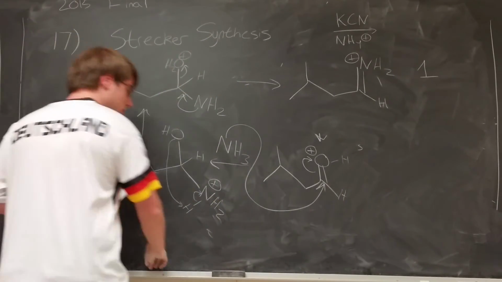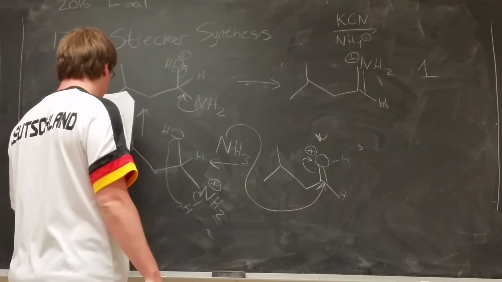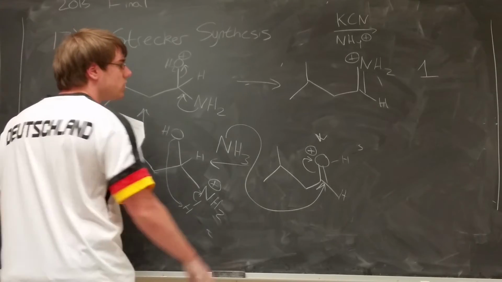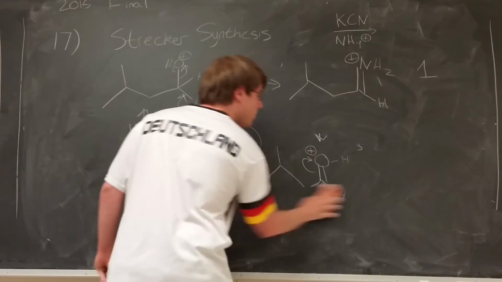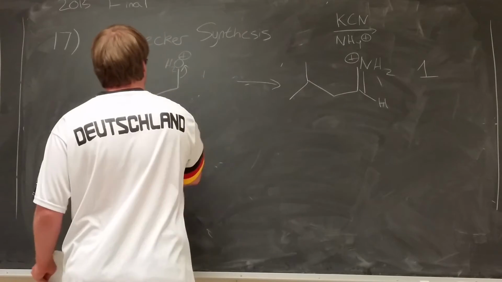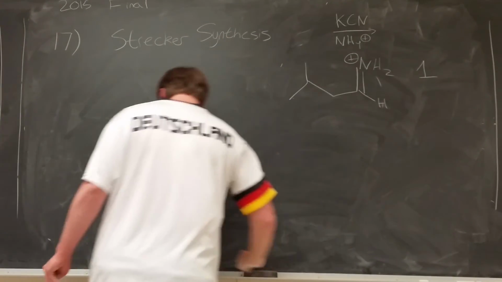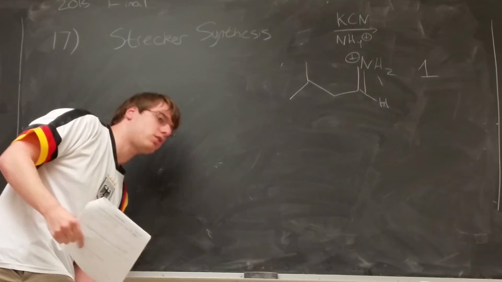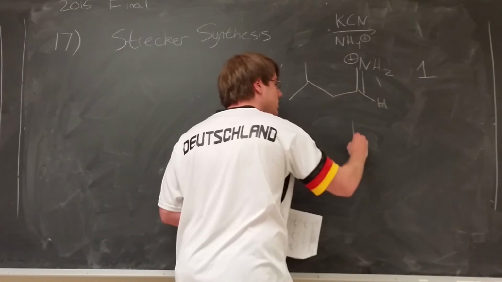Now the next step is you have NH2 positive, and you want to have something attack this carbon over here. Whenever you deal with a carbon-nitrogen double bond, you can picture it the same way you picture a carbon-oxygen double bond. Things tend to attack the carbon of that double bond and push electrons up to the oxygen, or in this case, the nitrogen. So remember, the other thing in our arrow is KCN, a source of CN minus.